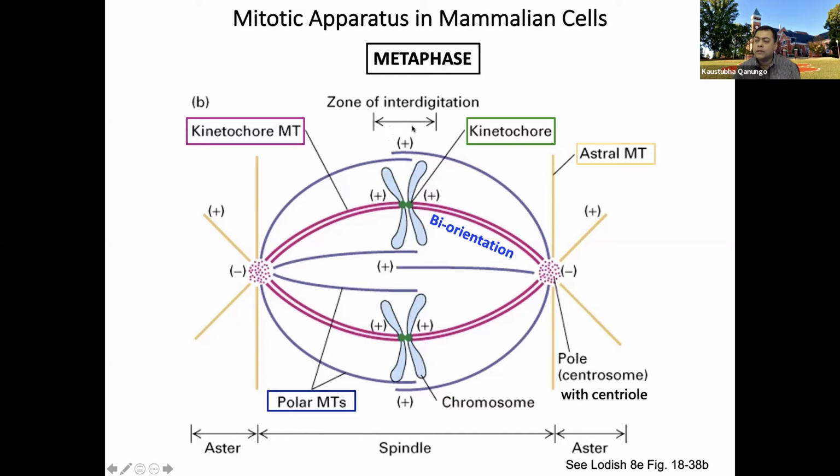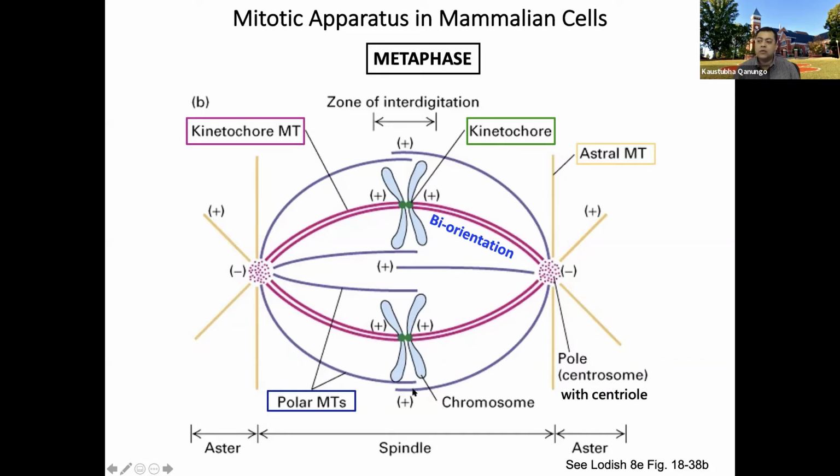What is important right here is what is meant by the zone of interdigitation. Interdigitation means that if you look at these polar microtubules particularly, they pass against each other. In this zone of interdigitation, these opposite polar microtubules interact with each other with the help of motor proteins.